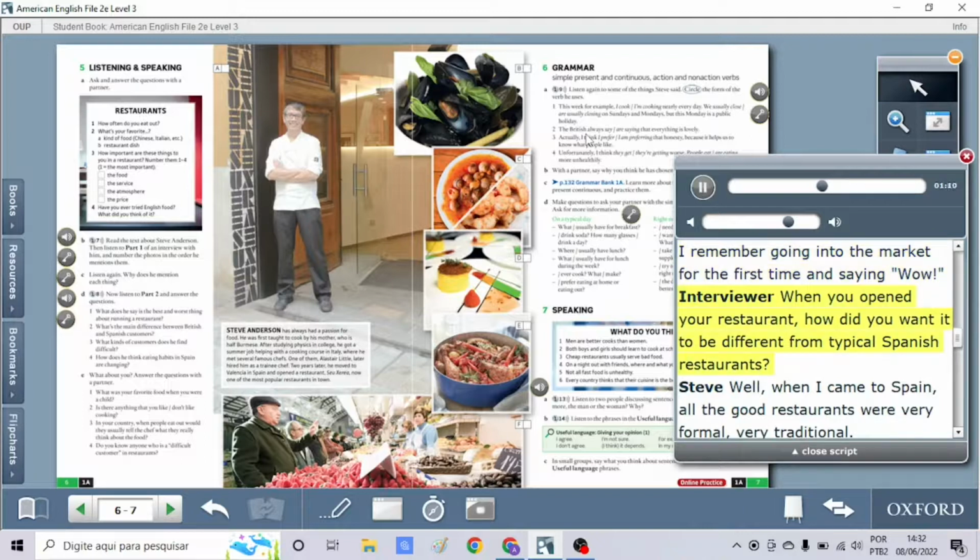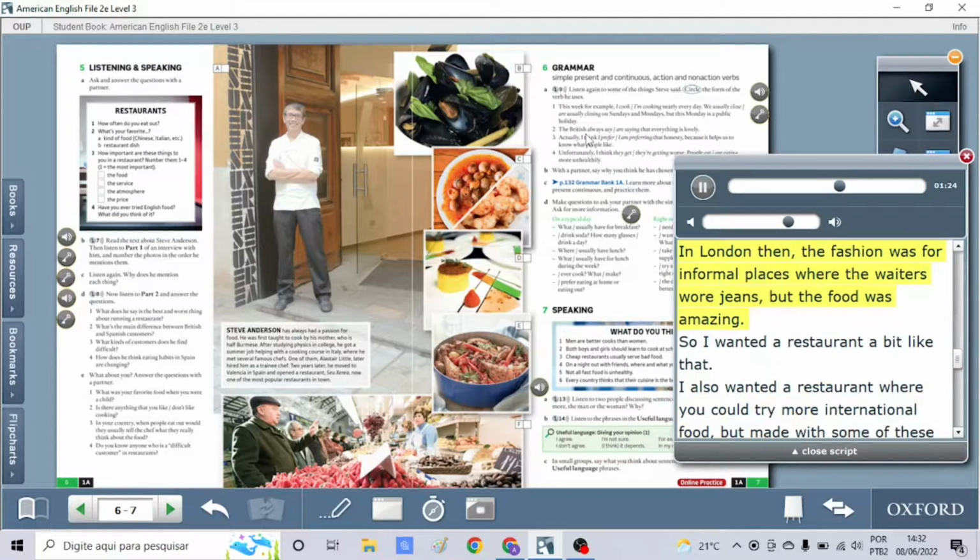When you opened your restaurant, how did you want it to be different from typical Spanish restaurants? Well, when I came to Spain, all the good restaurants were very formal, very traditional. In London then, the fashion was for informal places where the waiters wore jeans, but the food was amazing. So I wanted a restaurant a bit like that.